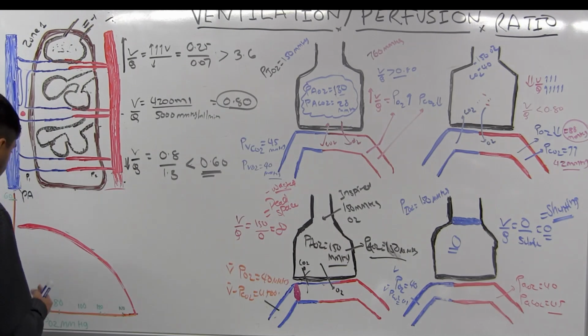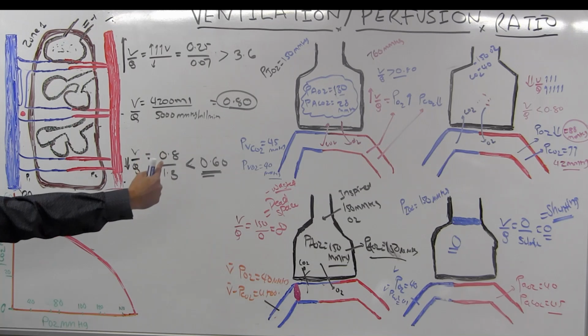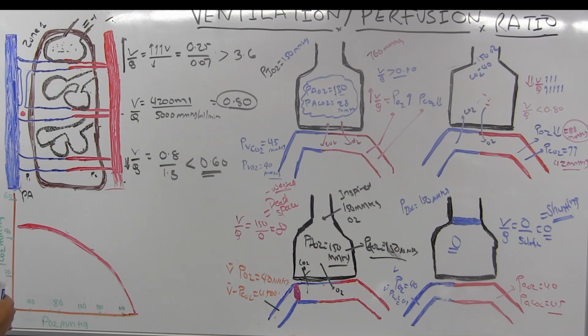Basically, if we put all this graph down here, look, this is the carbon dioxide axis, 20, 40, 60, and this is the oxygen axis. You probably have seen this sort of graph, right? Whenever my partial pressure of oxygen is 40, and my partial pressure of carbon dioxide is, let's say, 45 right here, what is happening down here?